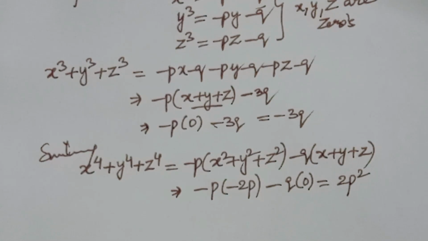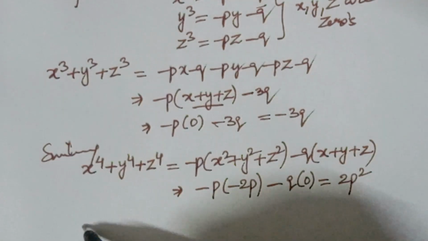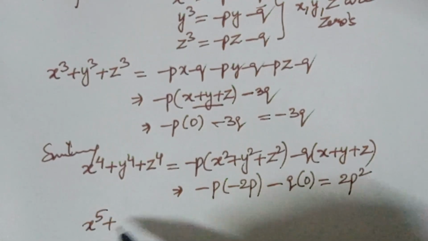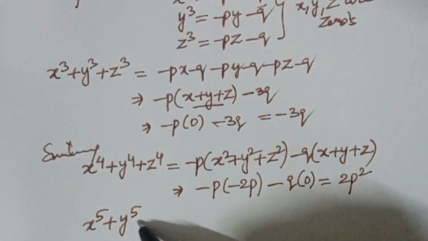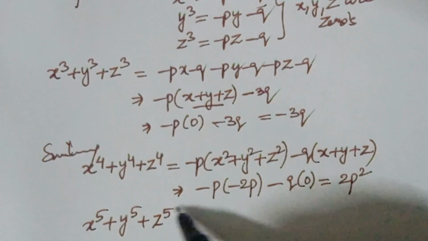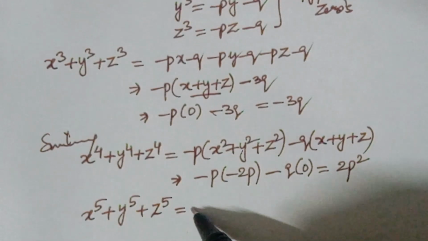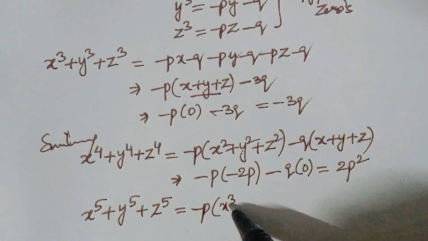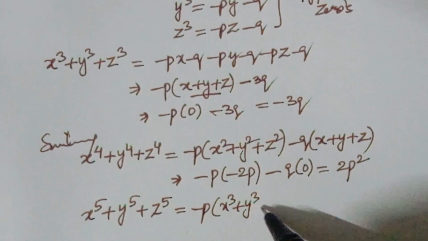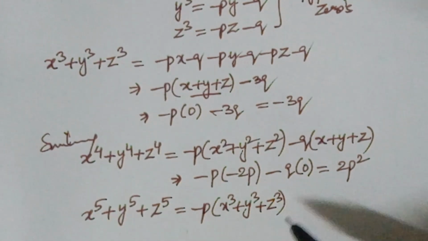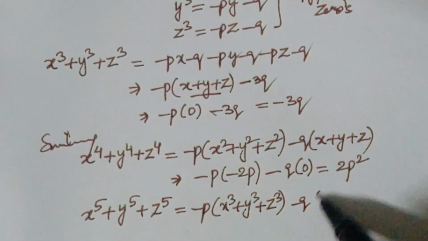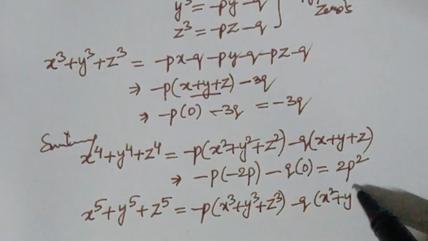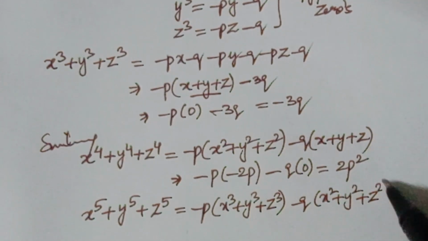But we required the x power 5 value. x to the power of 5 plus y to the power of 5 plus z to the power of 5 value is minus p into (x cube plus y cube plus z cube) minus q into (x square plus y square plus z square).